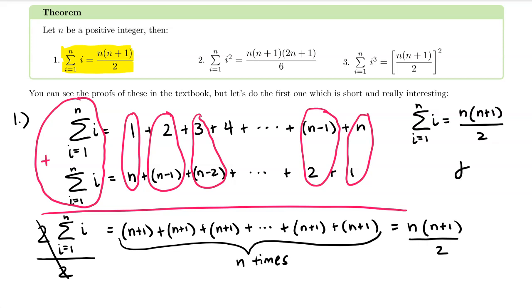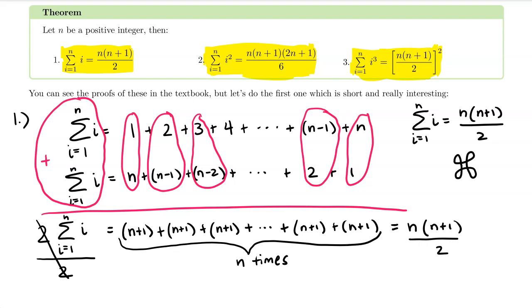So that concludes the proof of the first part of our theorem. And again, make sure that you have all 3 of these formulas memorized. They're going to become quite important later on. So make sure you have these memorized.